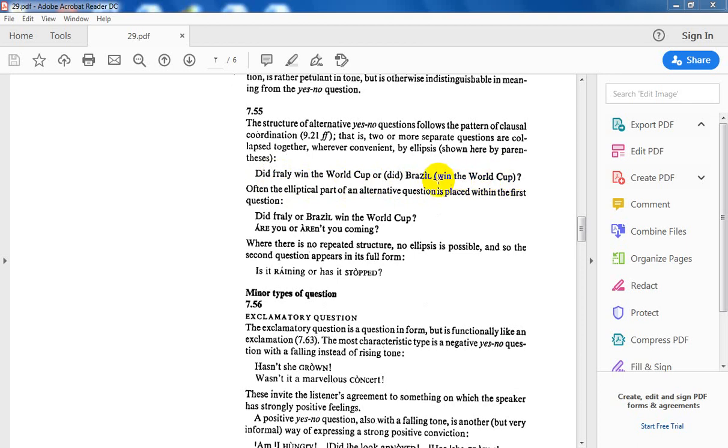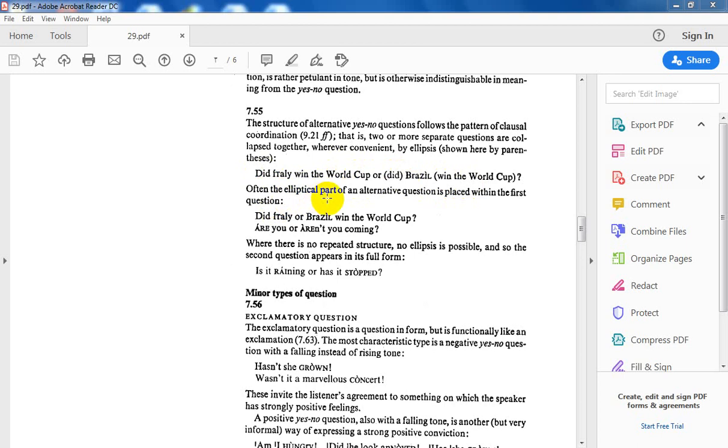But since I have the same alternative, the same predication, ellipsis can be used to get rid of repetition. Did Italy win the World Cup or Brazil? Without repeating did. See, did here is not repeated, and win the World Cup is what is ellipted.